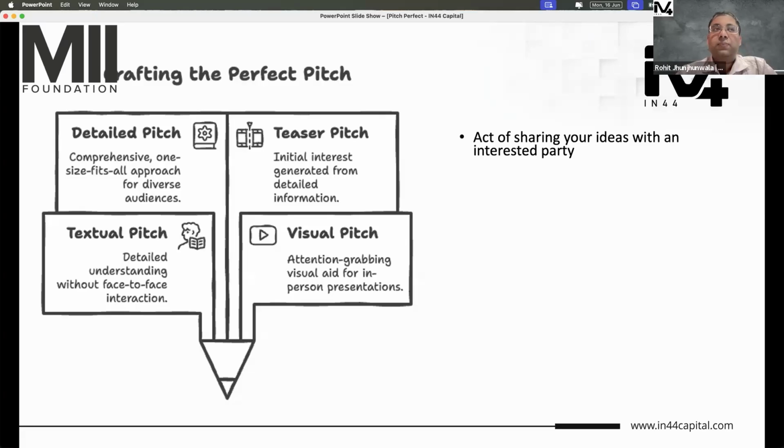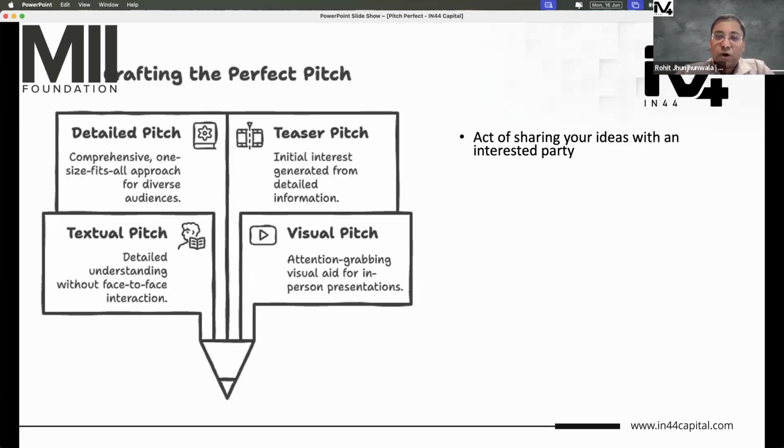It is supposed to help the audience get attracted to certain items, and it does not contain the same thing that you're talking about. It just shows a few visual images, which the presenter is then supposed to present. Multiple different kinds of pitch presentations happen. It is an act of sharing the ideas with the party.